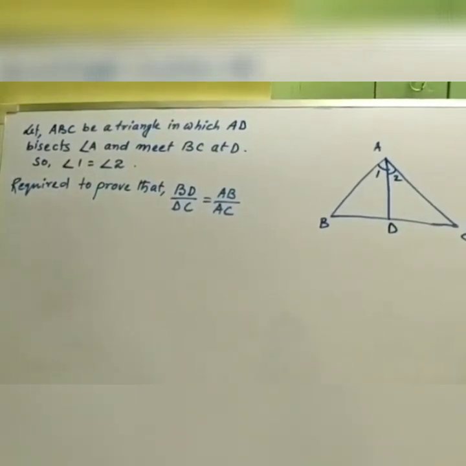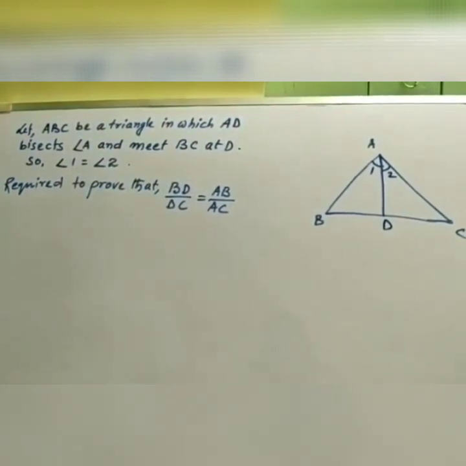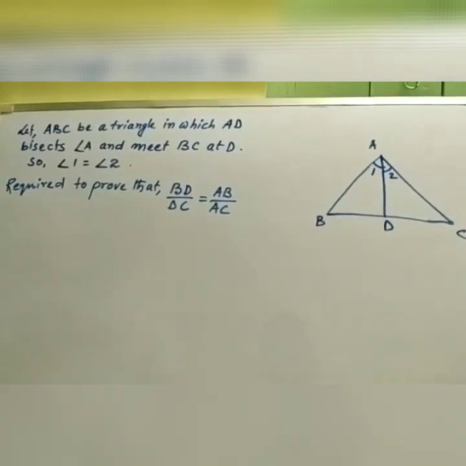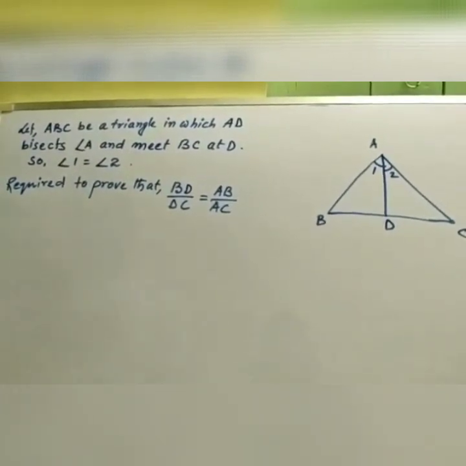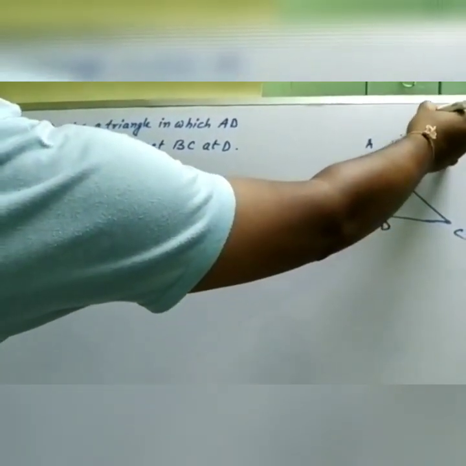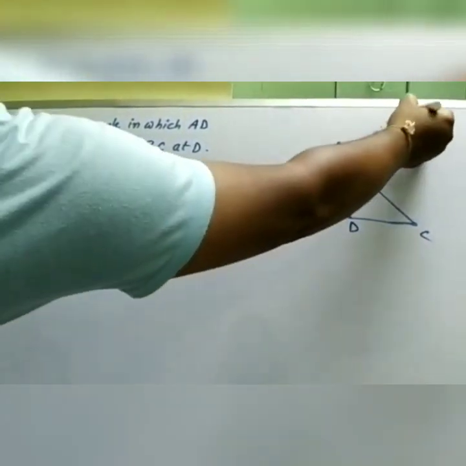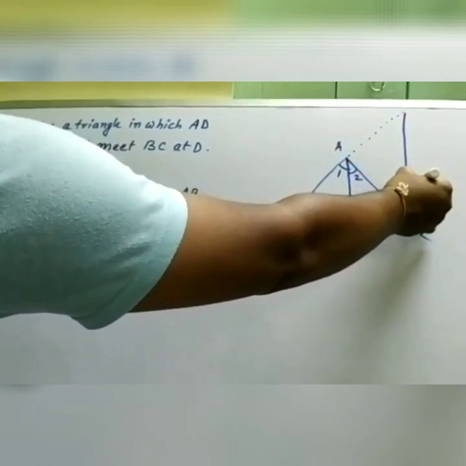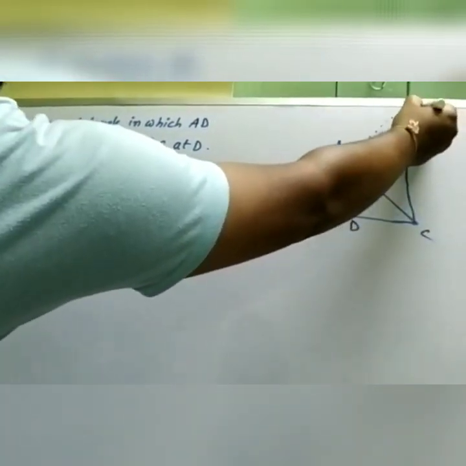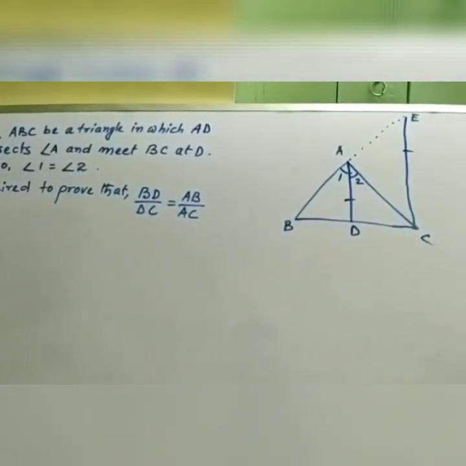What will be the construction? We will produce the side BA. I am drawing and producing the side BA here, such that we draw one line that intersects here at E, such that this side and this side will be parallel.